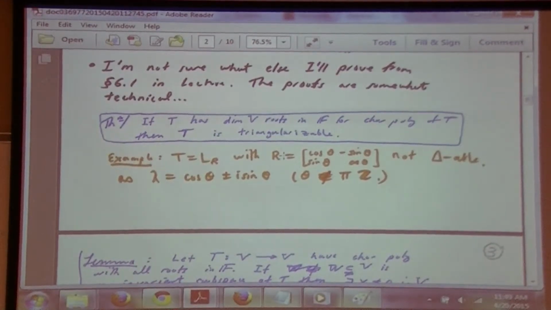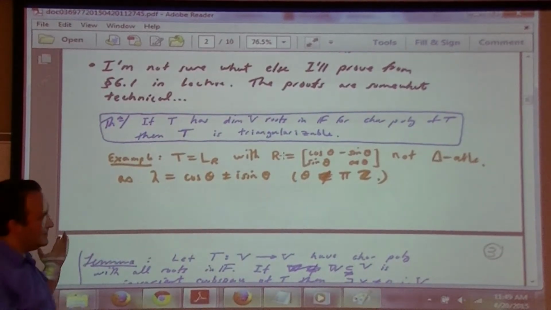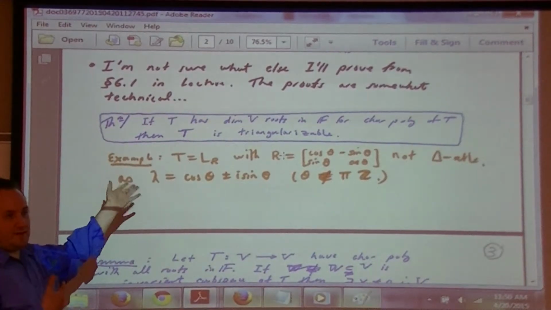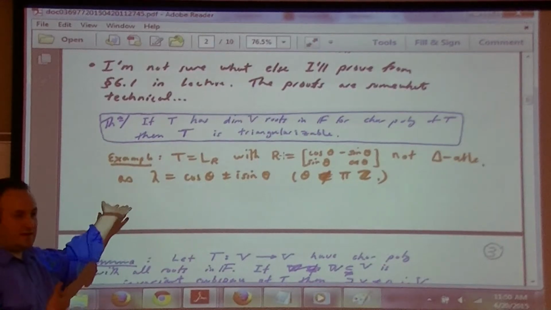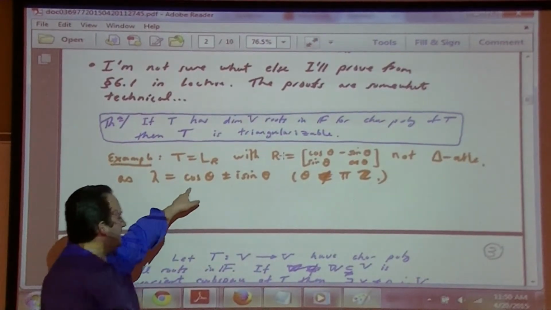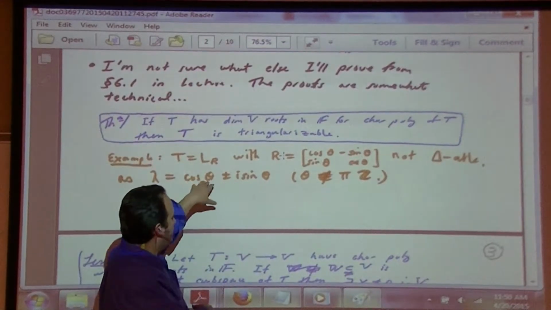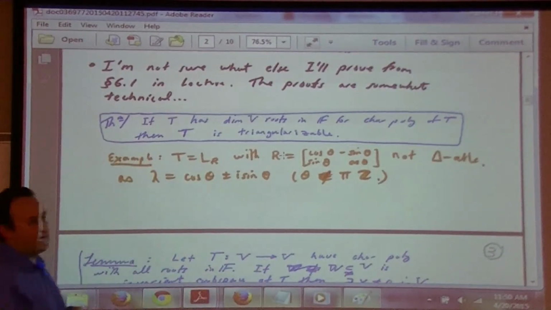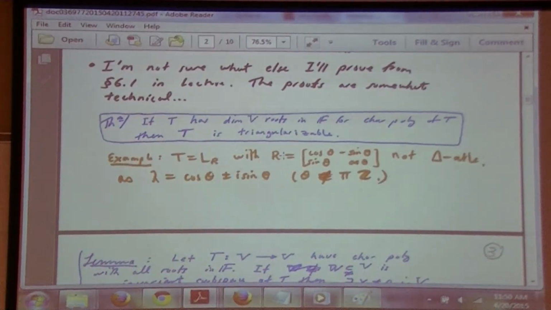That said, we also know that if we complexify T in this case, then it would be triangularizable, because in fact this matrix is diagonalizable over the complexes. It has cosine theta plus i sine theta for the upper entry and cosine theta minus i sine theta for the lower. This can be diagonalized if we allow ourselves a complex similarity transformation.